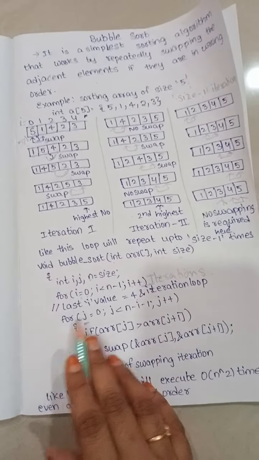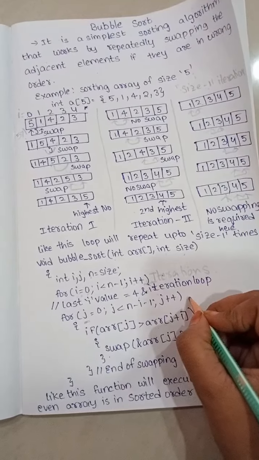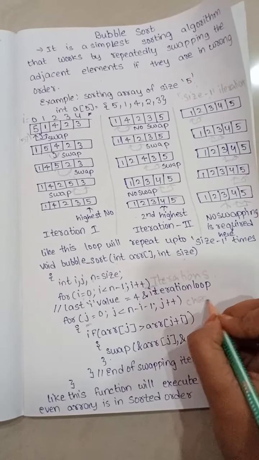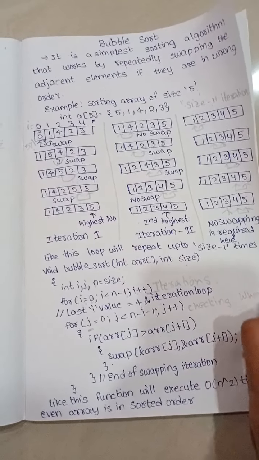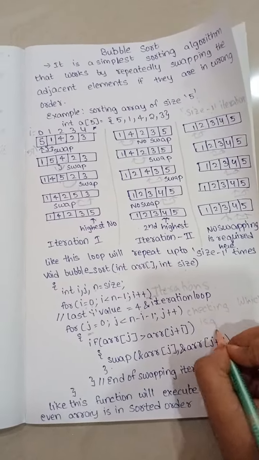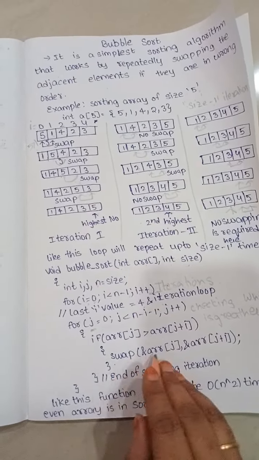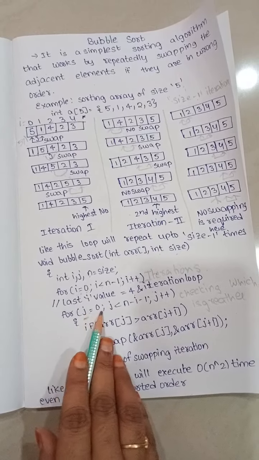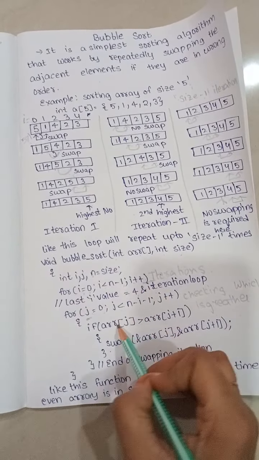In this I have another for loop for j. It is used for checking which number is highest, greater than, and swapping according to that. For j equal to 0, this is the first iteration.